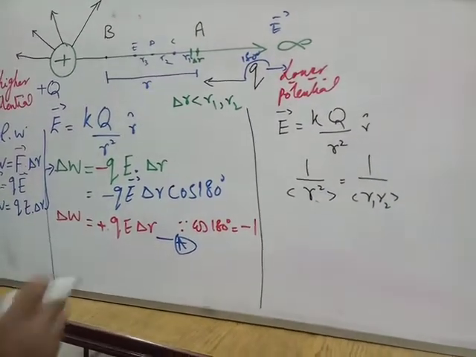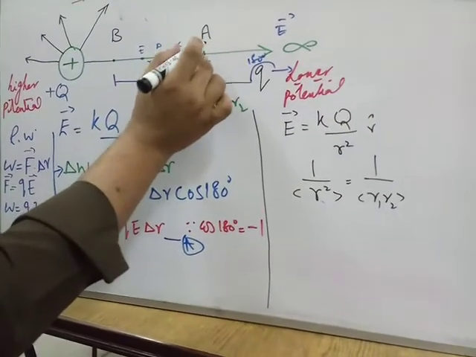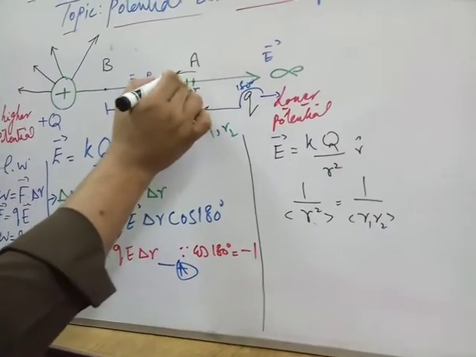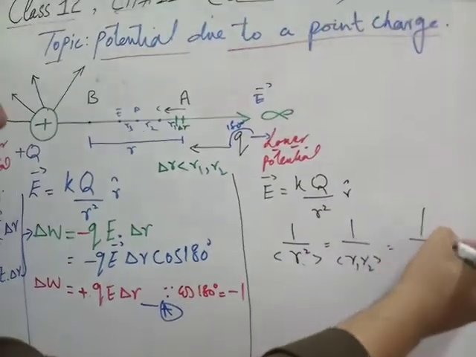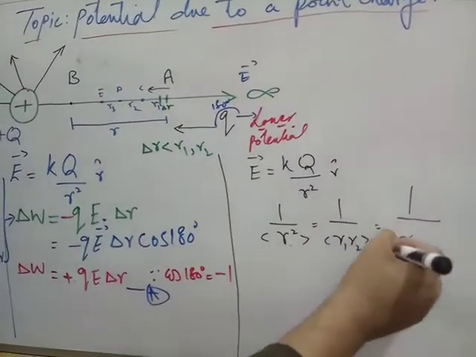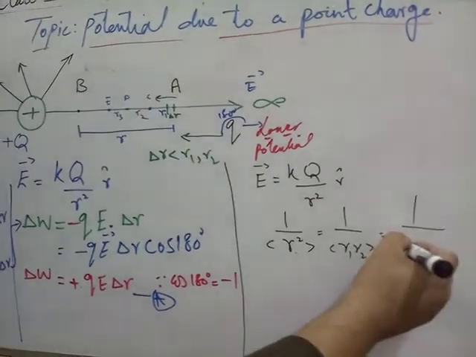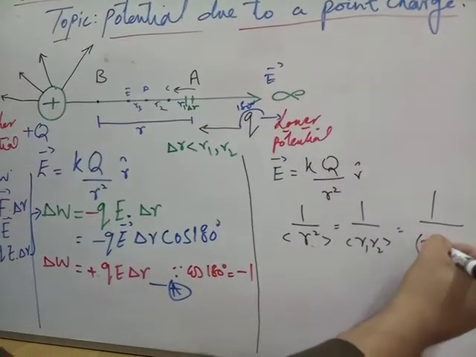Here, for this particular point, when we are moving from this point to that point, it becomes RA. This is the first point, and the second one is R1.